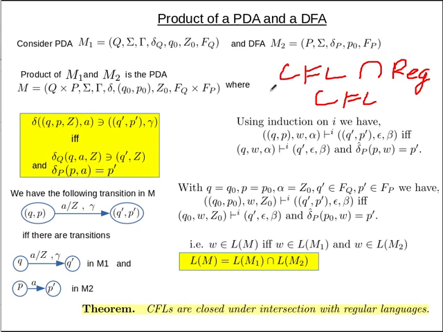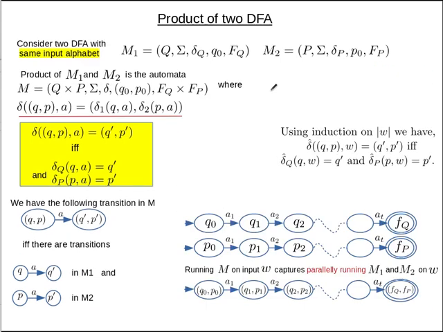And for that, let's go back and try to remember how we proved that the intersection of regular and regular was regular. One proof for this was using product automata. If you forgot that part, you can go back to the closure of regular languages and look for the product automata there. But it was very simple.